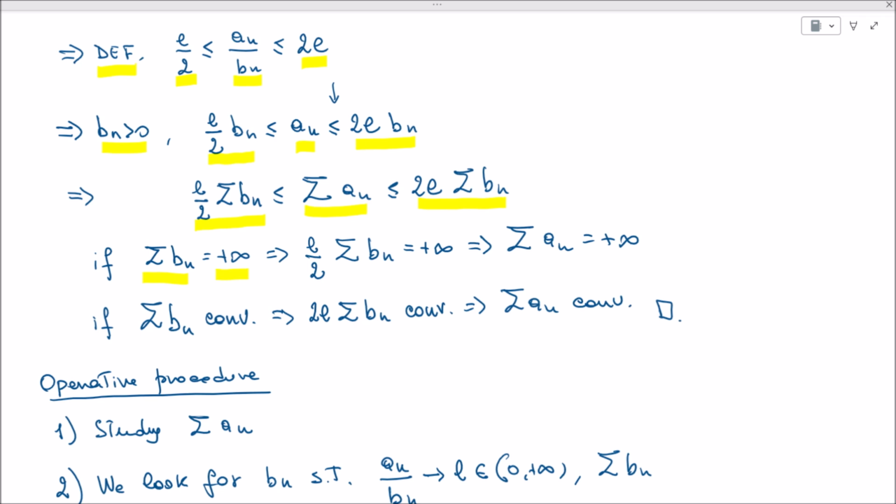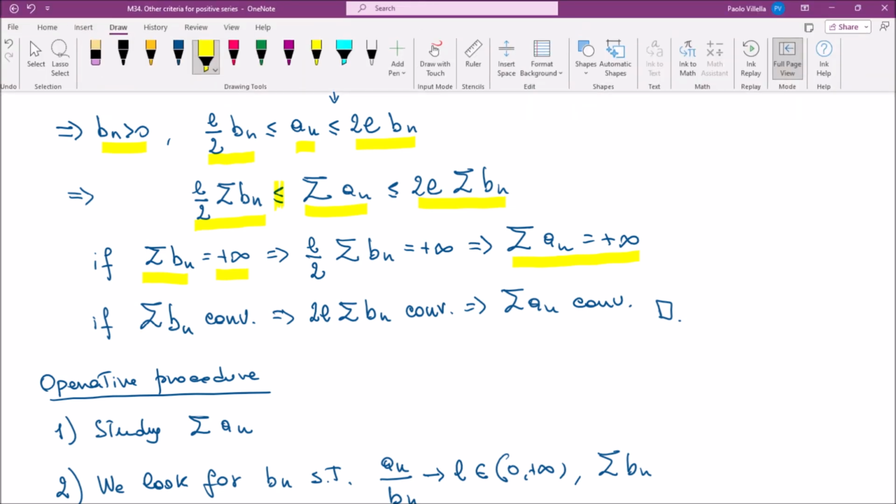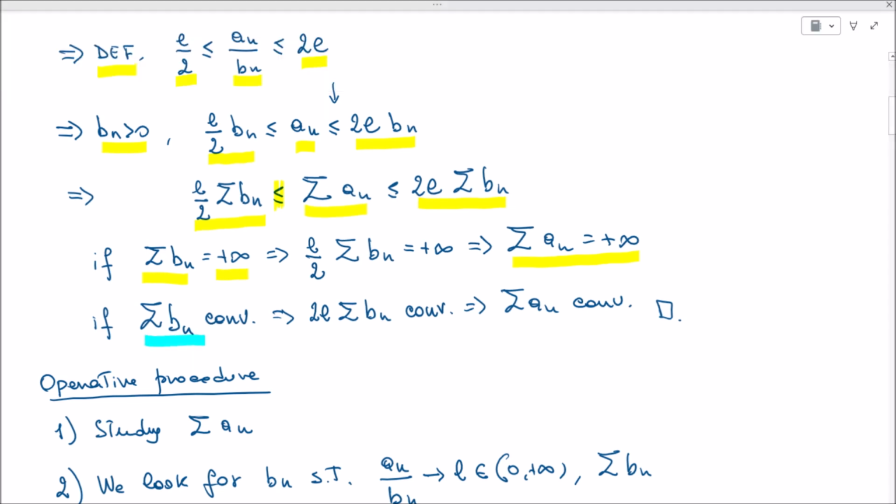Well, by looking at the left inequality, we see that clearly this will push the series sum of An to diverge to plus infinity. If instead we have that the sum of Bn is convergent, well, then we will look at the right inequality, and we'll see now that the sum Bn will limit the sum of An to be convergent as well. So this is an easy proof of the criterion.